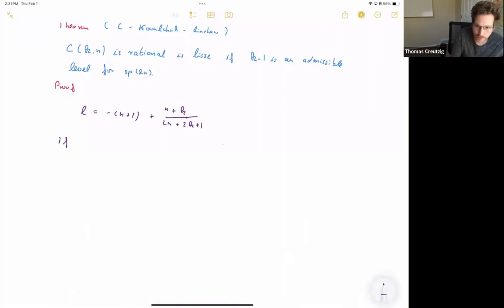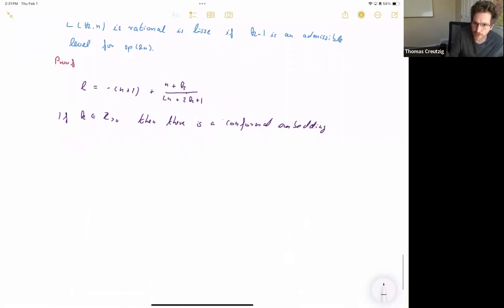Now I claim the following: if k is a positive integer, then there's a conformal embedding. Maybe I will stop writing conformal embeddings, just not to write so much.